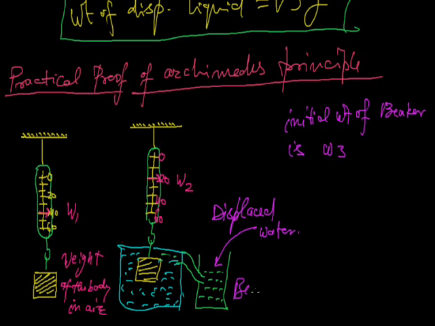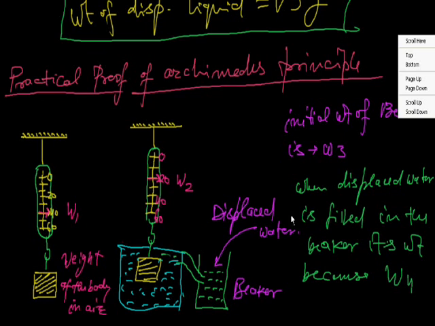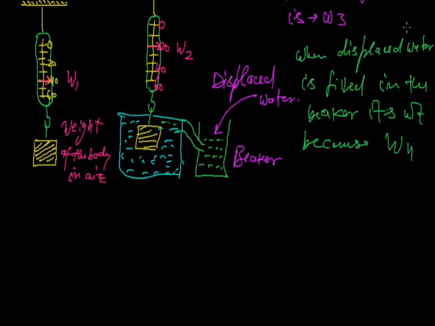This is the beaker. Initial means empty. When the displaced water is filled in the beaker, its weight becomes W4. The weight of the empty beaker is W3 and the displaced water with beaker, total weight, is W4.